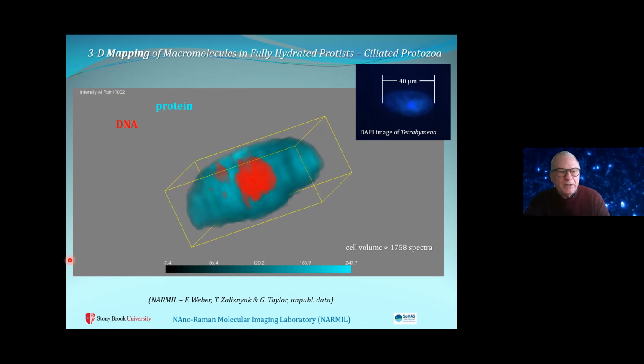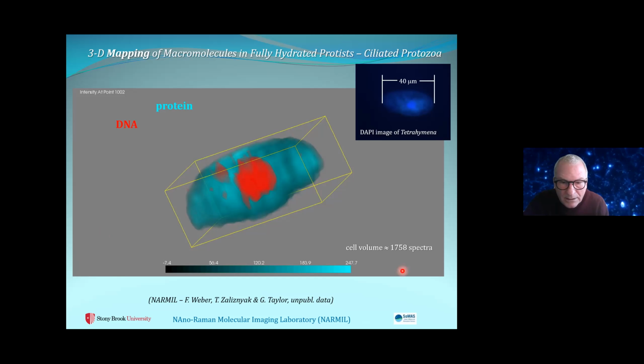All right. So I'm not going to take up more of your time, but imagine this rotating around and around. We can look at that cell in 3 dimensions, fully hydrated, and map out whatever we care to map. In this particular image, we've mapped out the distribution of DNA in red, the distribution of protein in blue.